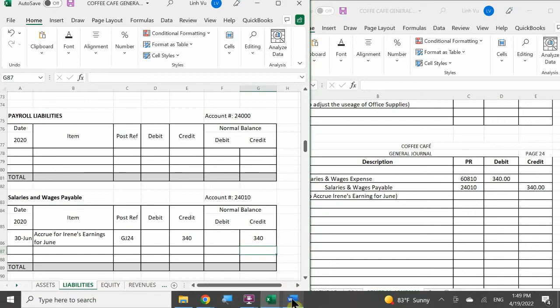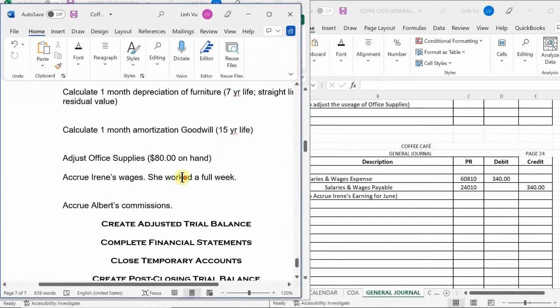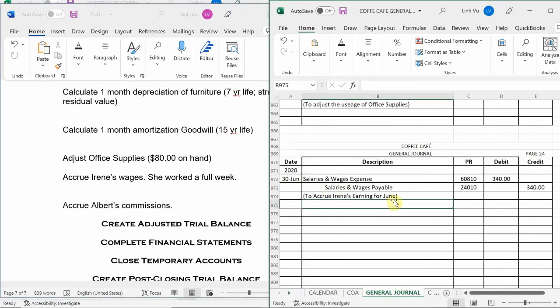And now the last thing I have here is I need to accrue Albert's commissions that he's earned for the month of June. So, same thing as what I've done for accruing for Irene.